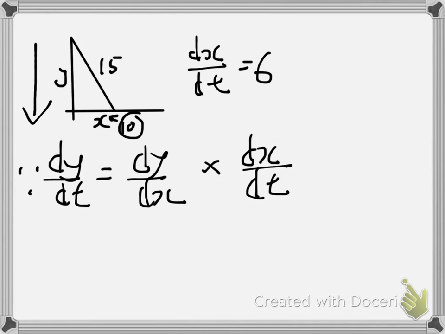We draw out the graph, we list out the information, and we put the theorem that we are going to use, which is the chain rule. After that, we have to determine what equation to be used.